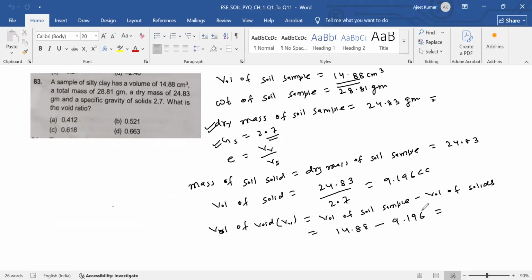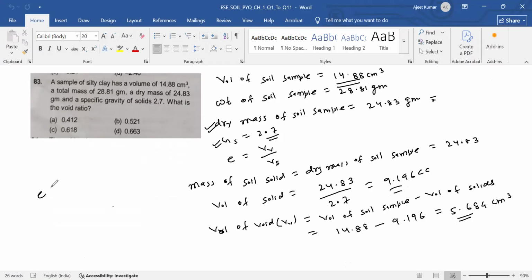So 14.88 minus 9.196 is 5.683 centimeter cube. Okay, the volume of voids is this one, and the volume of solid is this one.